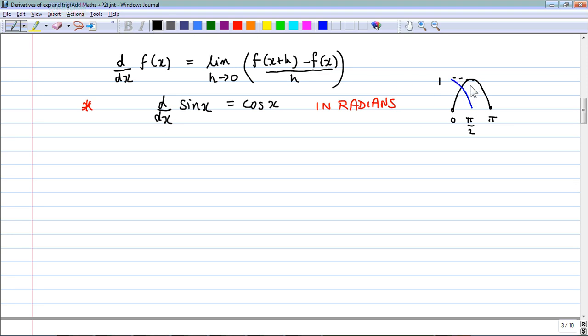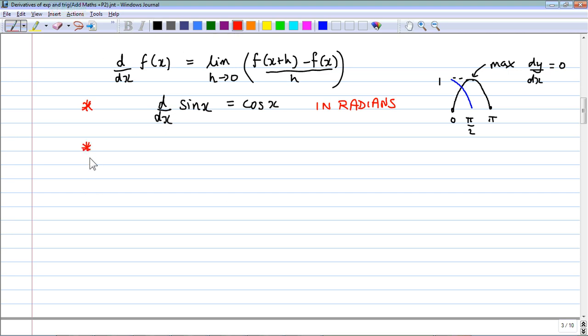And now we can see it makes sense because, for example, when x is pi over 2, sin x has a maximum point, which means its derivative is 0, which is correct because cosine x is also 0 at that point. And when sin x is 0, it's increasing, which makes sense because cosine x is a positive number at that point. So that's the first key result.